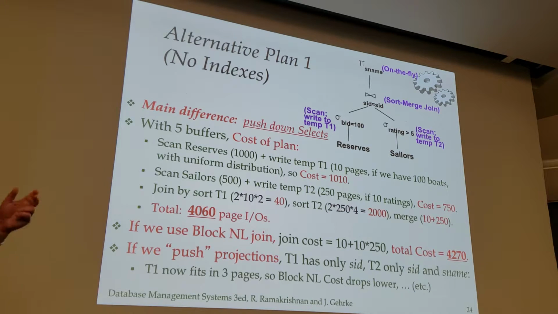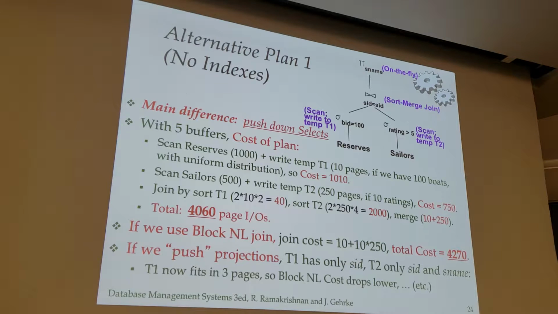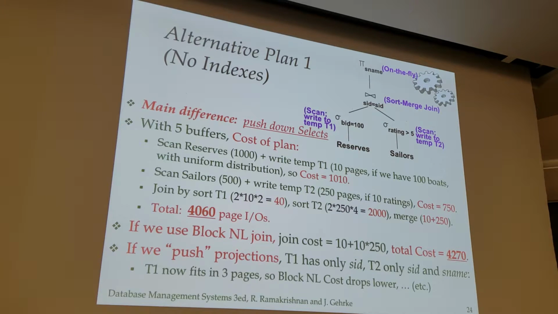So, when I wrote my temporary, why did I have to write out all the attributes that I got out of reserves? Just as I only want relevant tuples, I also only want relevant columns of these tables. So for T1, after I've checked the things with BID 100, the only column I care about in reserves is the SID so that I can do the join.